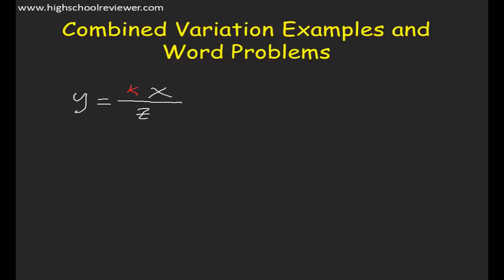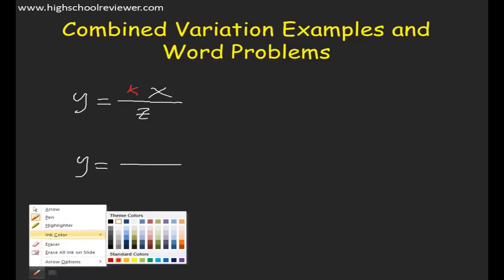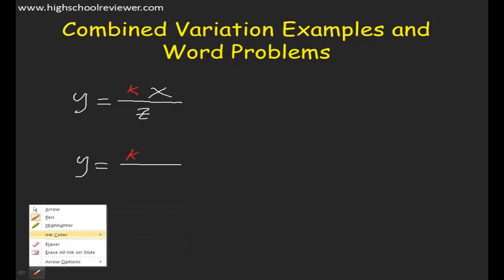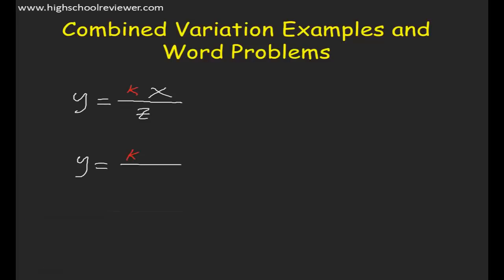On to our next example. y is equal to, again the first variable will be the constant of variation, and that is letter k. So k will be multiplied by x times z squared all over the variable w.